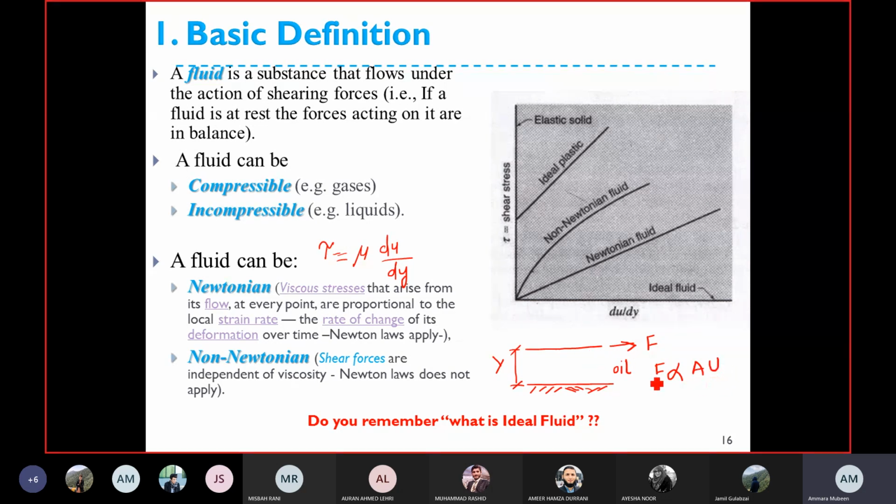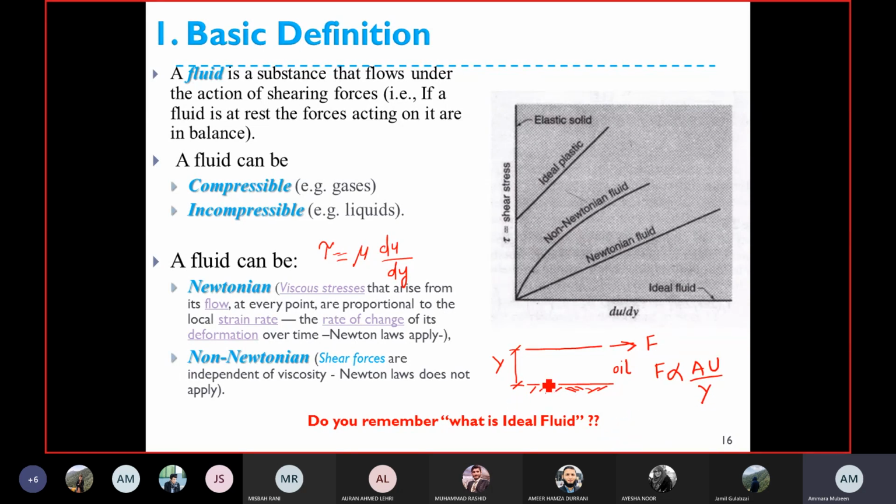If u is the velocity, then the force is F. F is directly proportional to the contact area of this plate, A, and the velocity of the plate, and it is inversely proportional to the distance between the bottom boundary, here it is y.